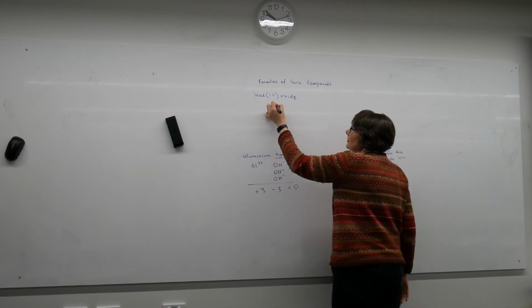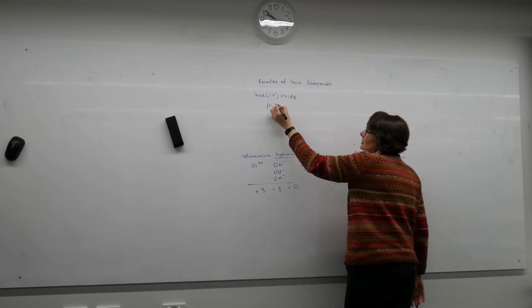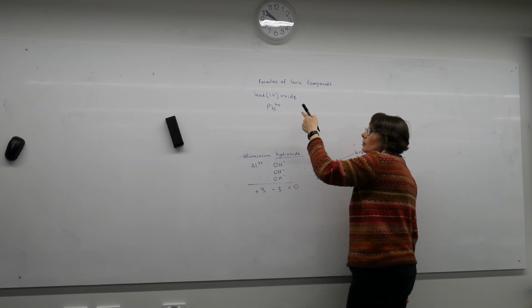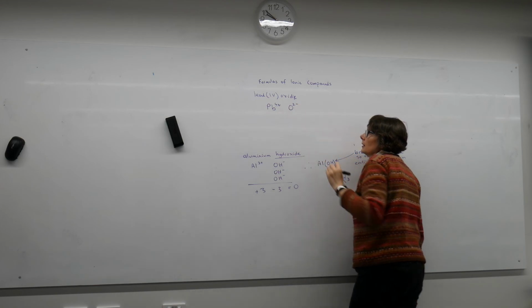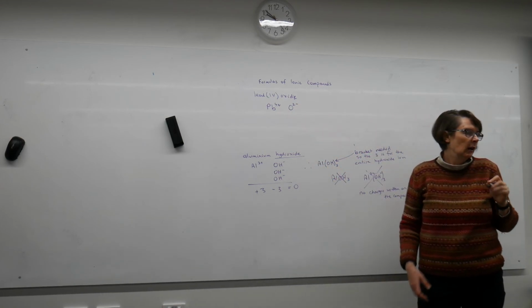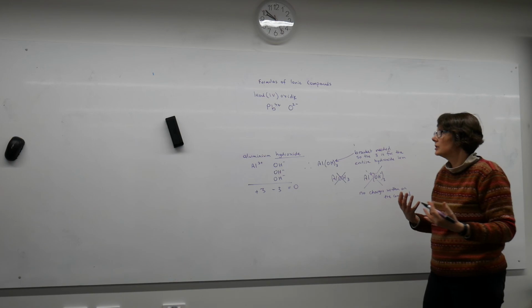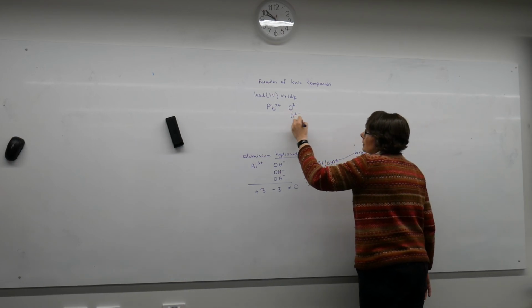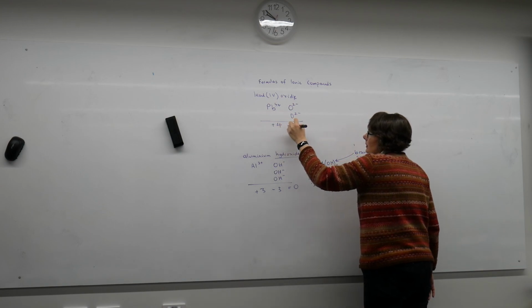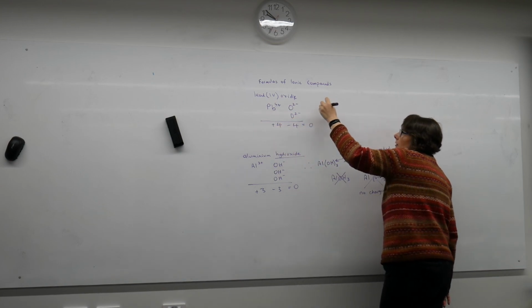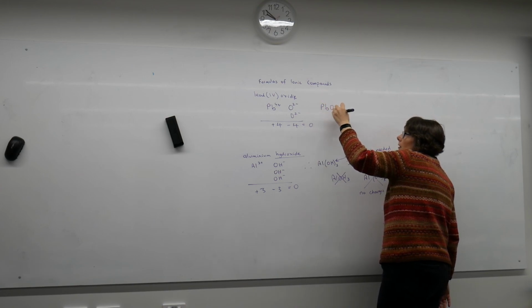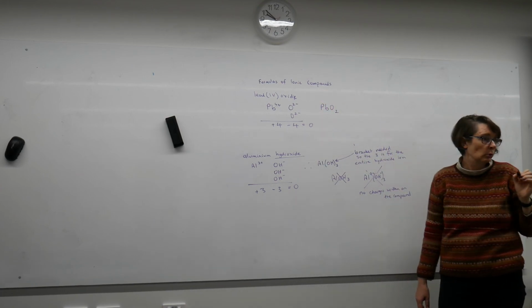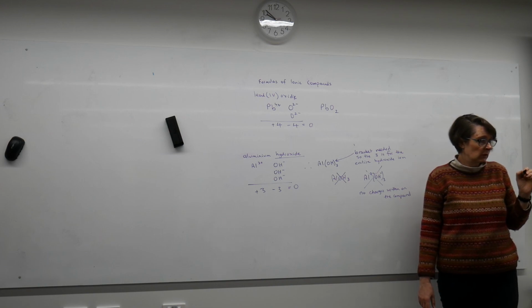What I could do, I could look it up and I would see it's obviously a 4+. My oxide ion, 2-. What do I need to do to balance this? I'm going to need 2 oxide ions. And so I end up with PbO2. Does that make sense? Yep.